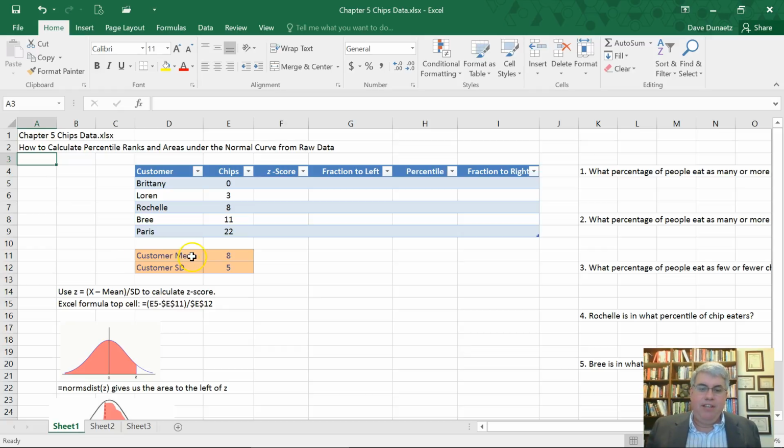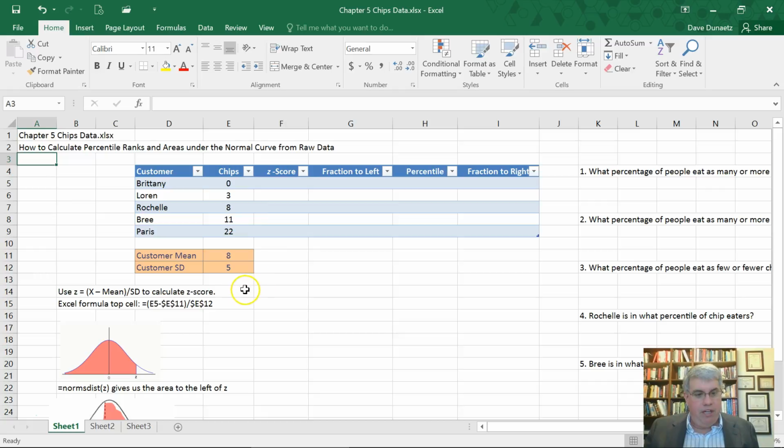So that means the average is 8, and the standard deviation is 5, which means that the majority of people eat between one standard deviation below the mean, which is 3, and one standard deviation above the mean, which is 13. And that's a rough estimation of the standard deviation. So most people eat between 3 and 13 chips, so the standard deviation is 5.